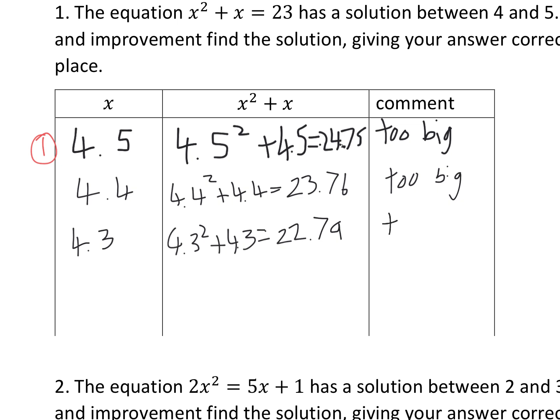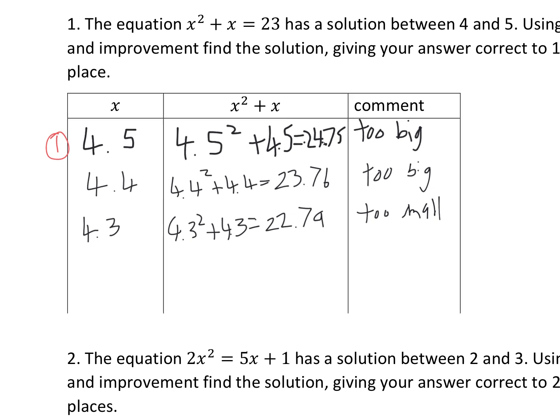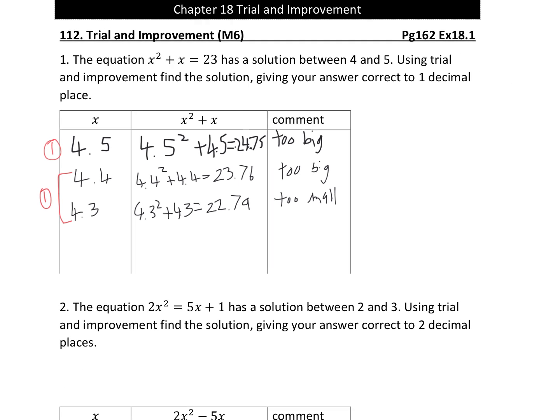And now that there is too small. So you do not jump and get your answer from there. We're not finished. But we do know it's between 4.4 and 4.3. And if you can get it between two numbers to one decimal place, that'll usually give you a second mark.